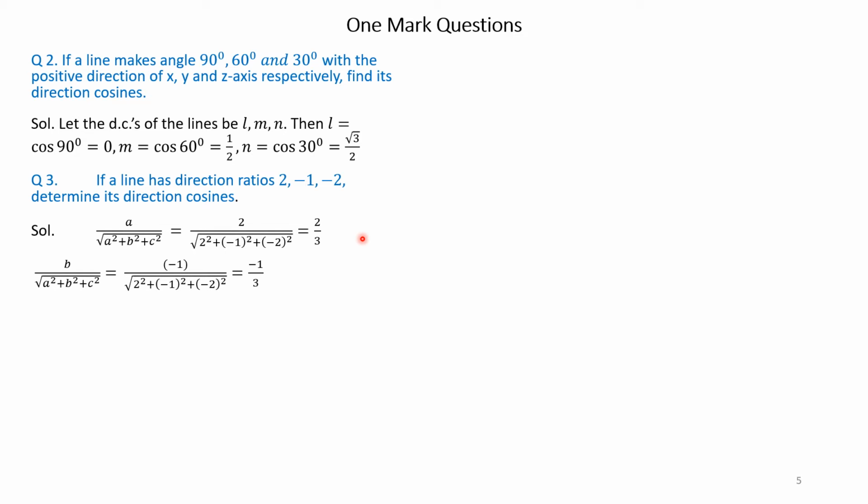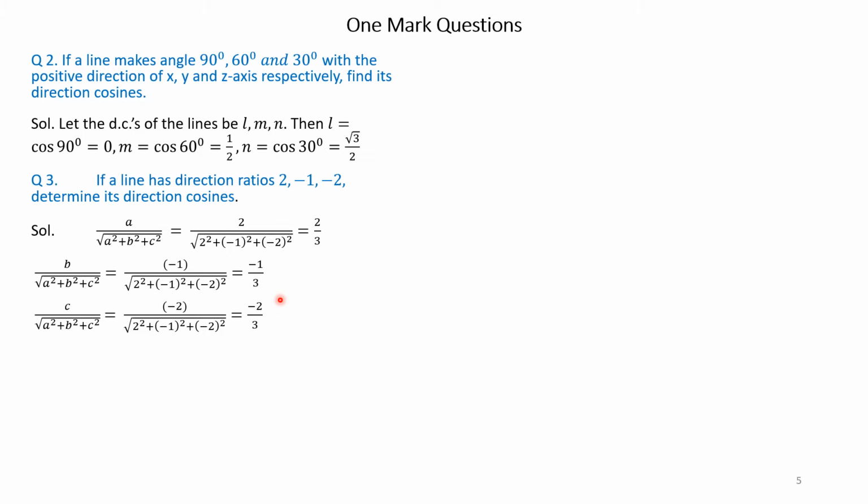Similarly, we can calculate the direction cosine of y. It is given by b divided by square root of a square plus b square plus c square, that is minus 1 divided by square root of 9, which is equal to minus 1 by 3.